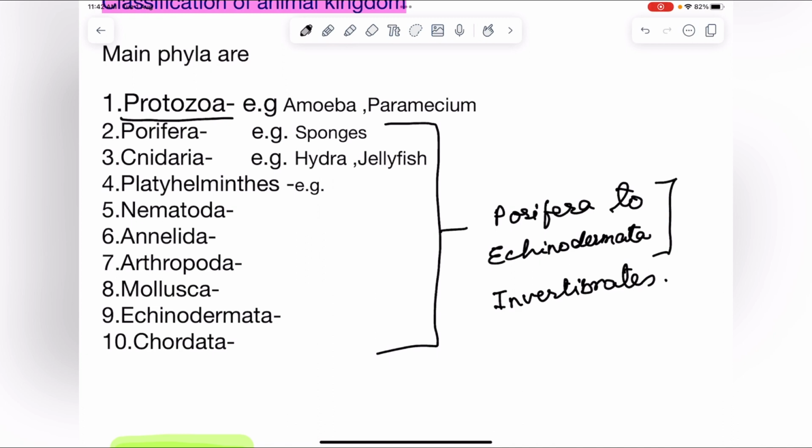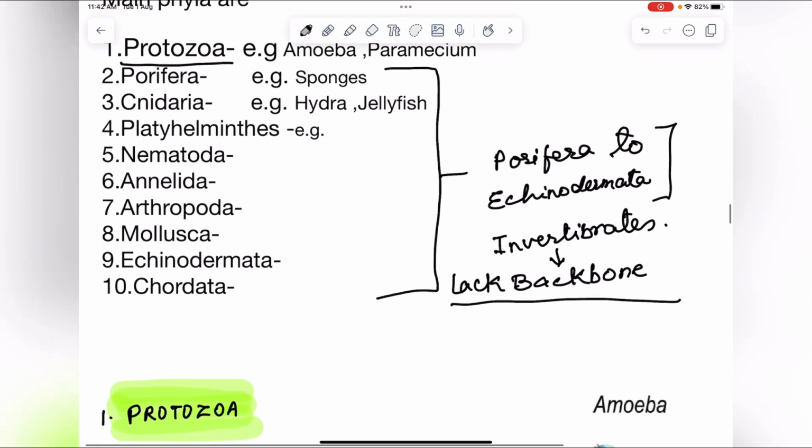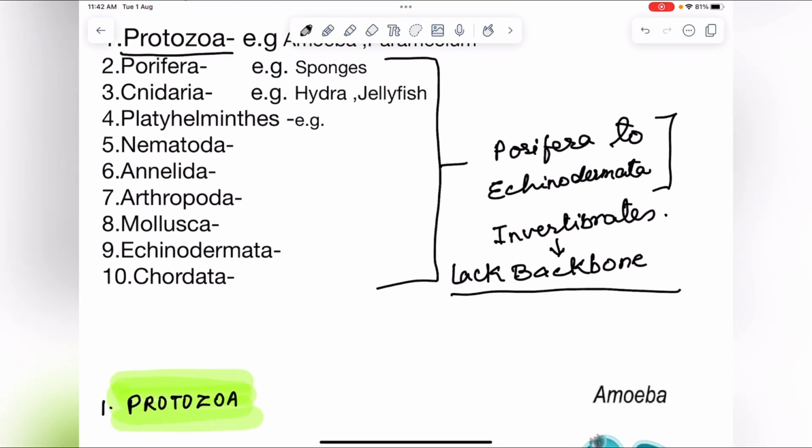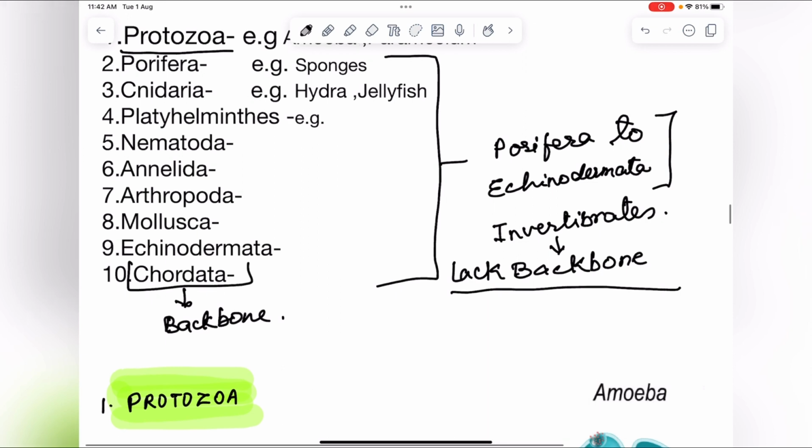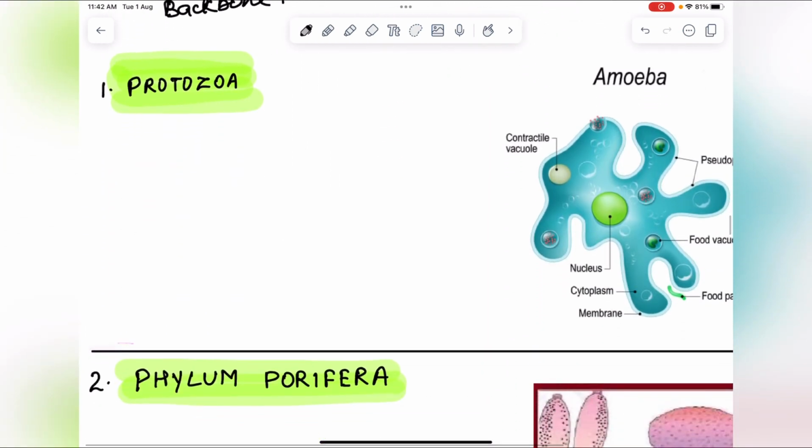Invertebrates means lack of backbone. The Chordata are the animals that have a backbone, and they are popularly called vertebrates. So one by one I'll explain all the phyla.